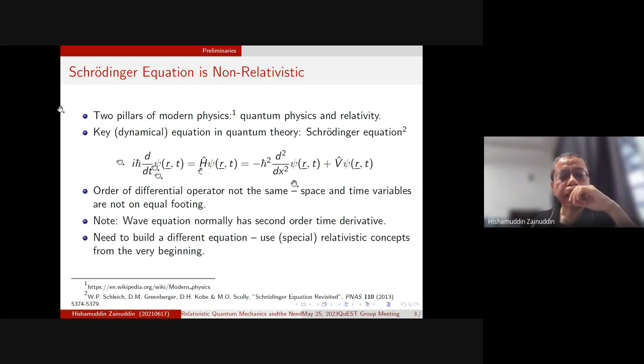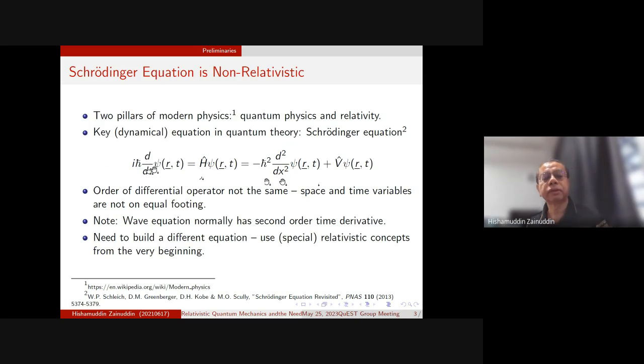And immediately we see if one expands what the Hamiltonian is, usually we think of something from a conservative system. So you have the kinetic energy here, and then you have the potential energy here. You'll find that the kinetic term will give you a second order derivative in space, whereas for the time derivative it's first order.